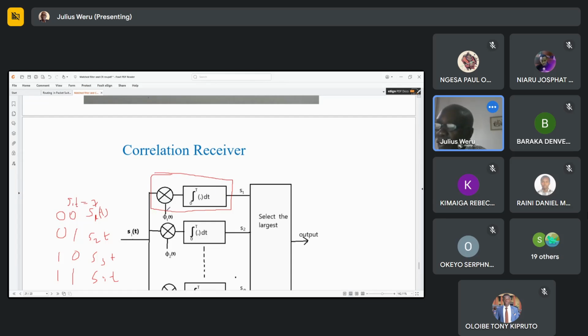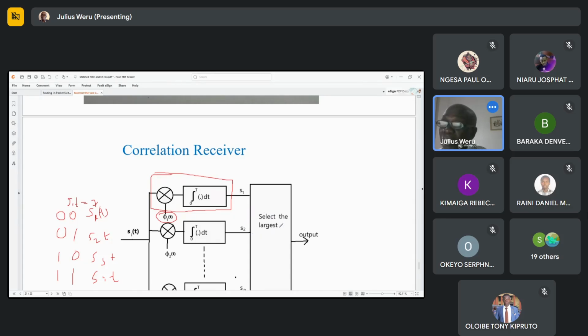The others, it's only one whereby this forms part of this signal, or this is a product of that particular one with the input. Is that okay? So that is the only one.